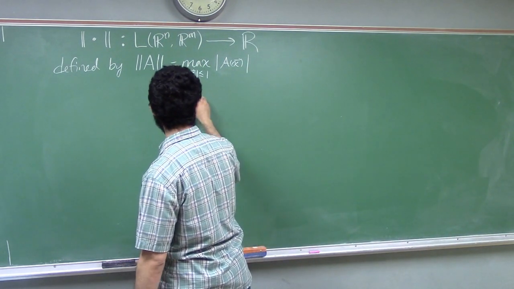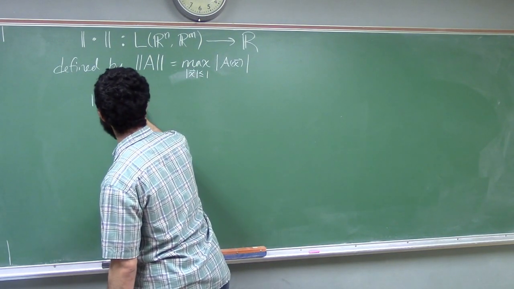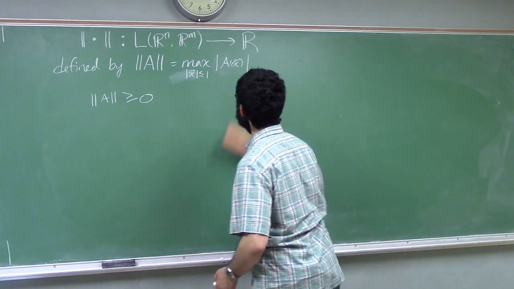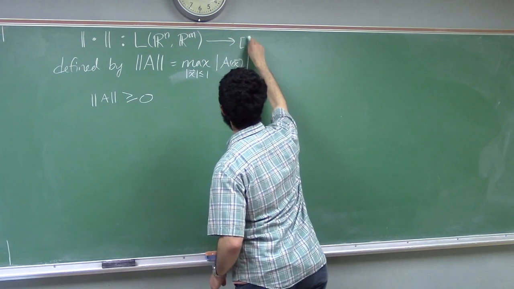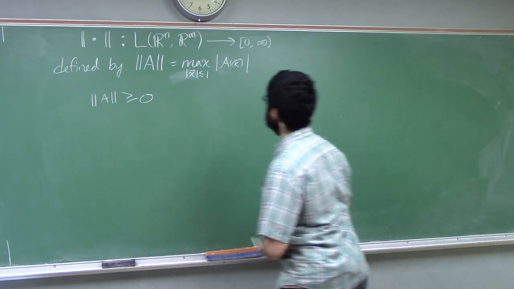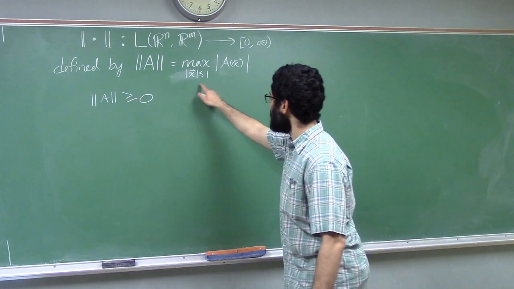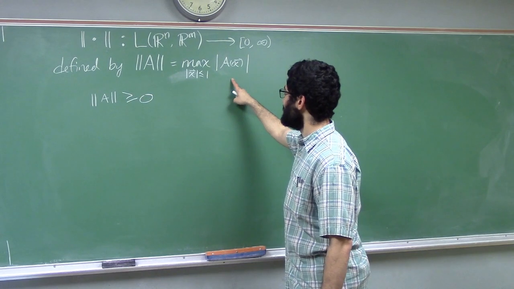The first one, maybe, is it's greater than or equal to 0. So this takes values not just in R, but further, it's taking values here, non-negative. That's clear because it's the maximum of a set of non-negative real numbers.